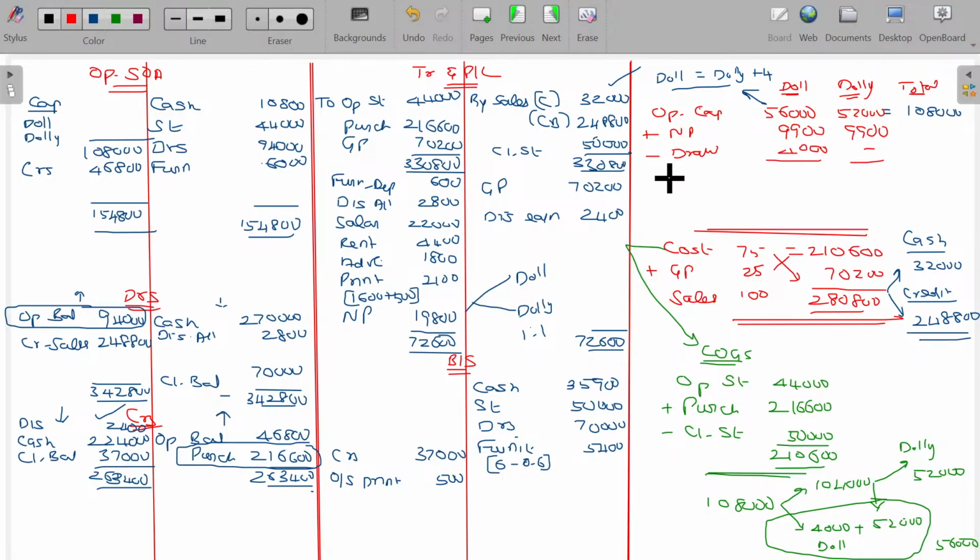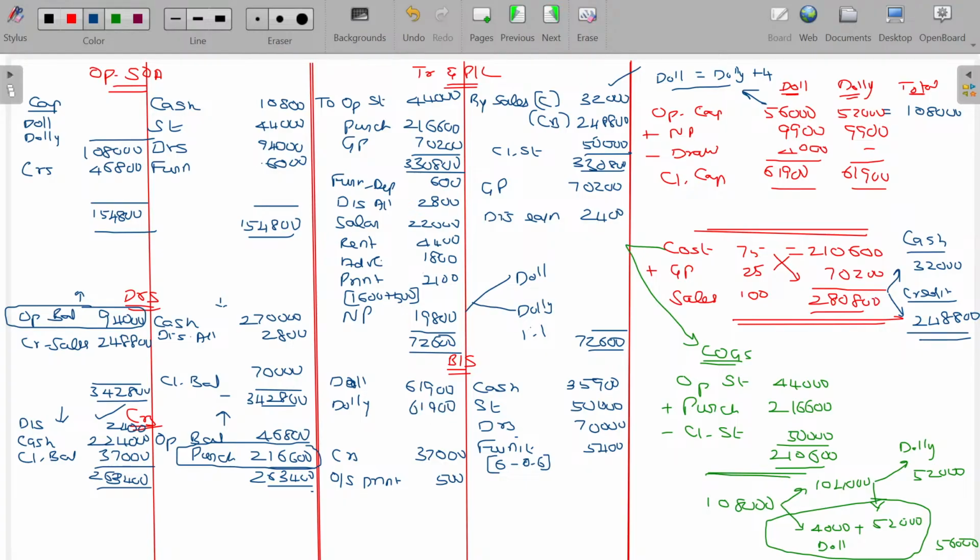Now find out the closing capital to be posted in the closing balance sheet. Closing capital: 56,000 plus 9,900 minus 4,000, that is 61,900. I think. Am I right? So here capital, Doll as well as Dolly, 61,900.